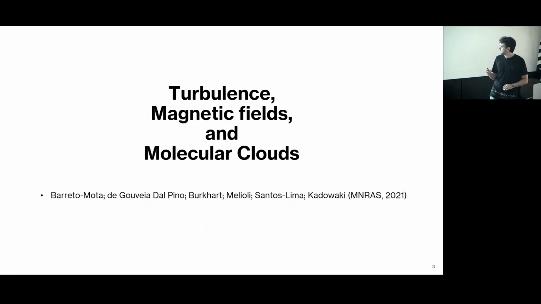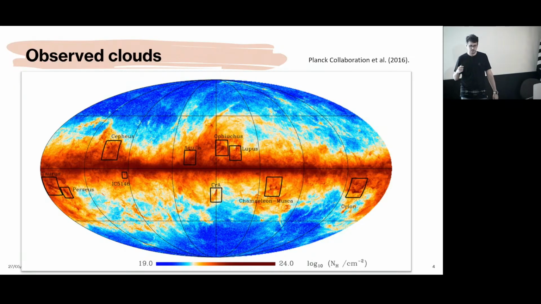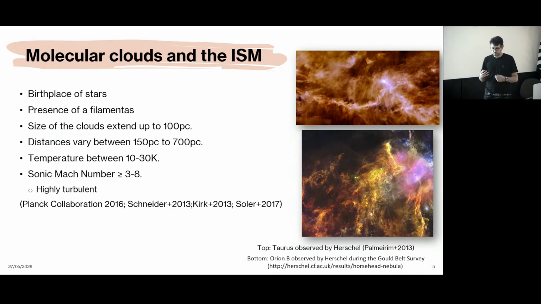So let's start with the turbulence, magnetic fields, and molecular clouds. We were interested in understanding the observations made by Planck at the time. Planck observed the entire sky. In particular, it made several observations in these marked molecular clouds over here. These regions are very interesting because they are the birthplace of stars.